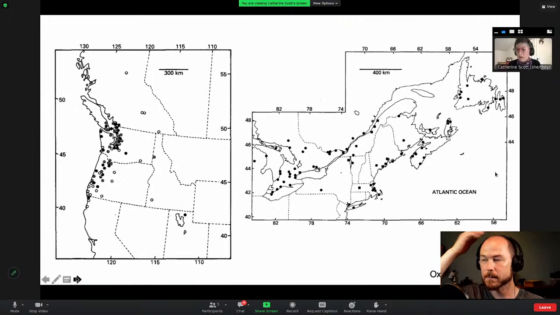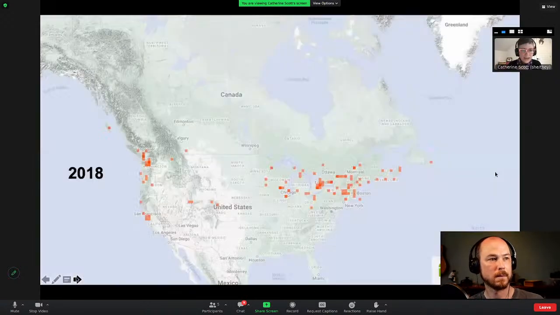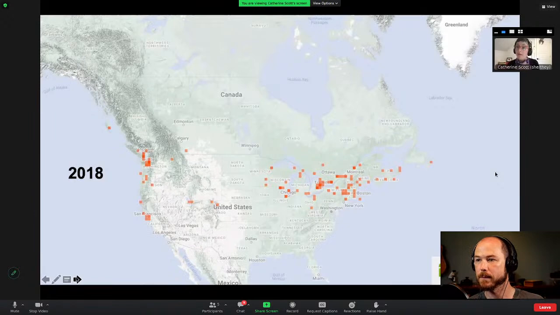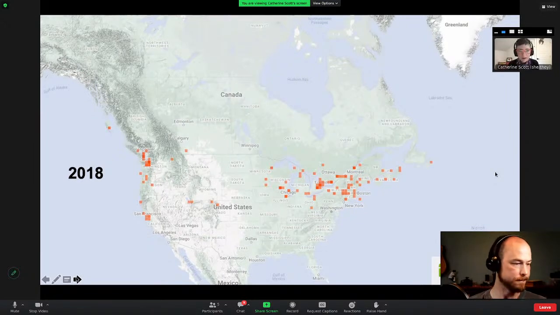And since 1994, with the rise of iNaturalist, I can't remember exactly when iNaturalist got started, but as of 2018, the map of iNaturalist observations looks pretty similar. There's a few dots creeping a little further east, like into Colorado and Alberta, and a few dots creeping further west into Minnesota and Illinois, that kind of thing.